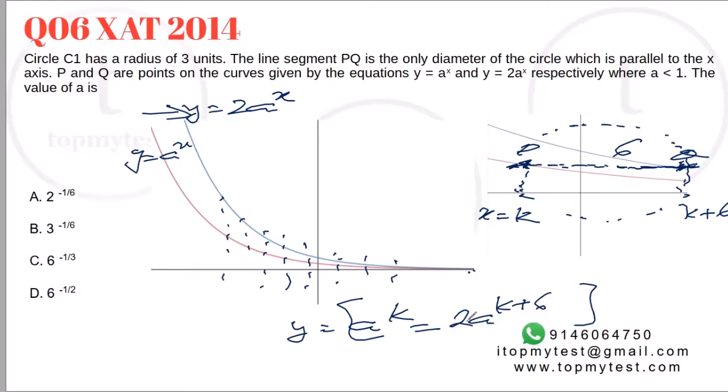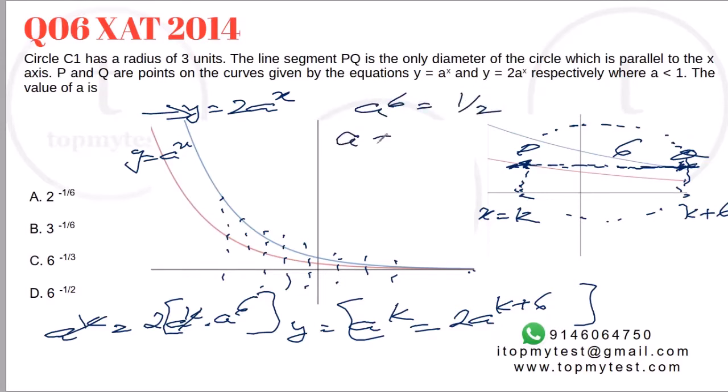If you rewrite this, you'll get a^k equals 2a^k into a^6. So you will get a^6 equals half, or a should be half to the power 1 by 6, which is the same as 2 to the power minus 1 by 6. Option A. Be a little patient, plot the curve, job done.